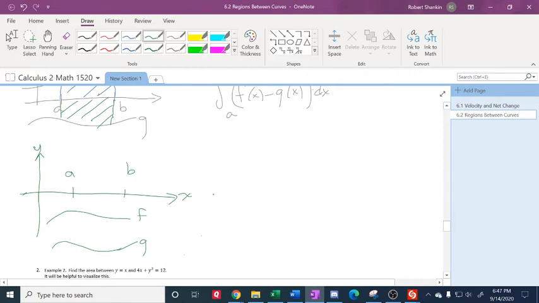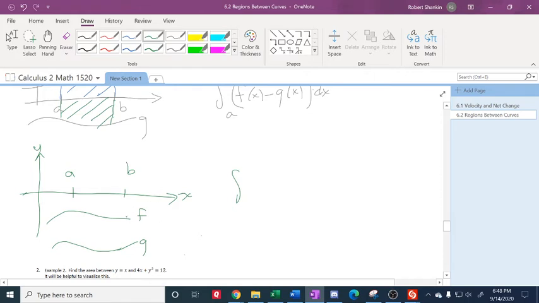Now, which order would I put them in? This area, would I do it f minus g or g minus f? Well, you want to have the upper curve minus the lower curve. If you get it backwards, the lower curve minus the upper curve, you will get the wrong sign. So it doesn't matter where they're positioned, as long as you do the upper curve minus the lower curve.